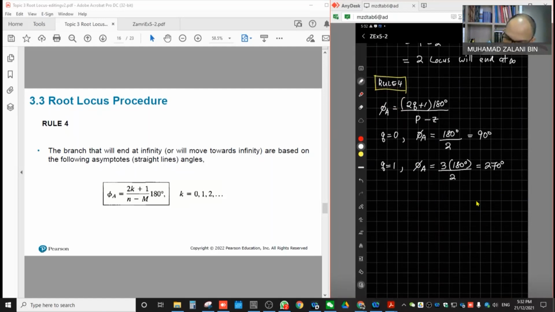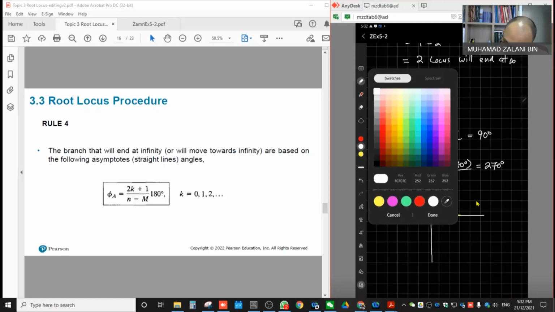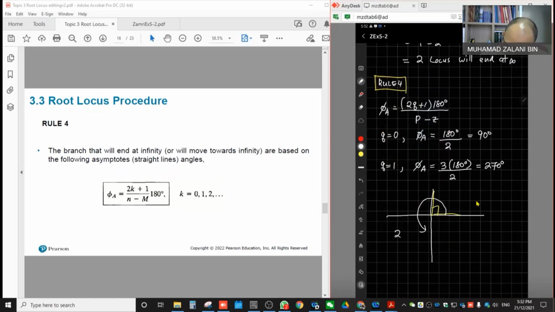To draw the straight-line asymptotes, we determine an angle of 90 degrees and another angle of 270 degrees, measured from the horizontal. From these two angles we can determine the straight lines, the asymptotes. We will do that later. For now we just define the angles, 90 degrees and 270 degrees.